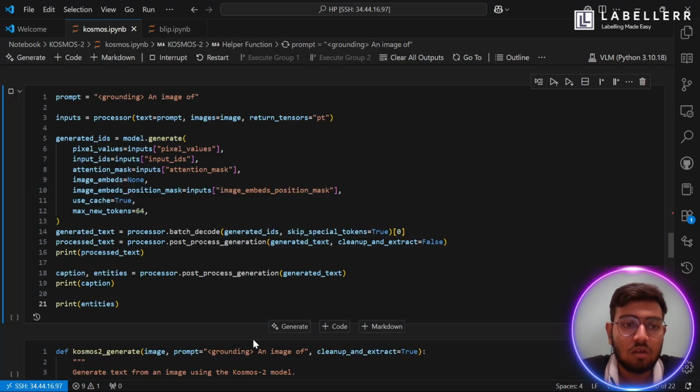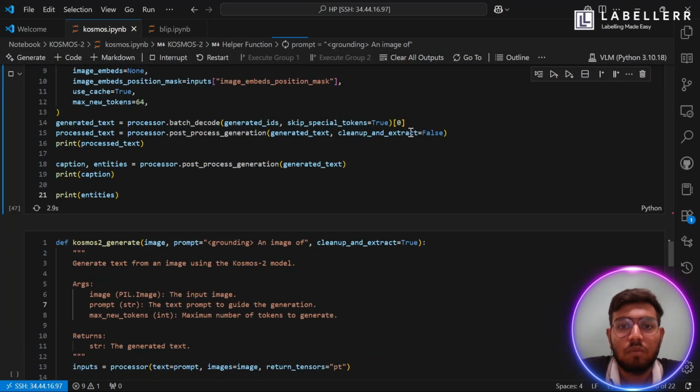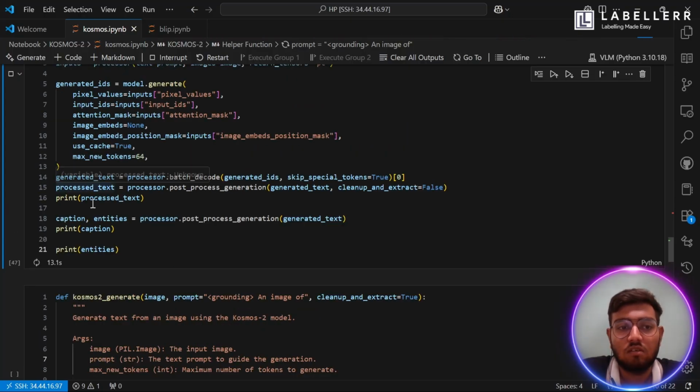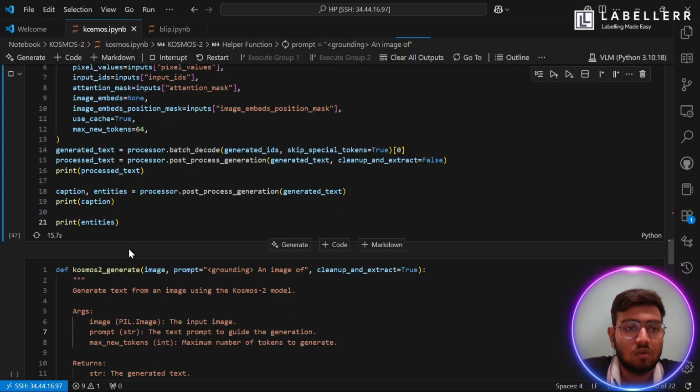Let's run this. As you can see, cleanup and extract is set to false, so the processed data will have all the tags of the objects it has detected. You can turn it to true to clean up and extract the information in a separate manner, like here.